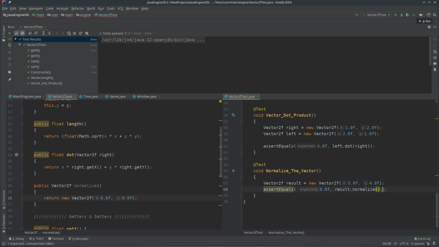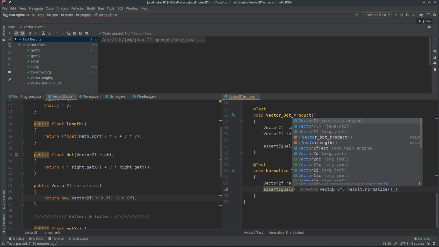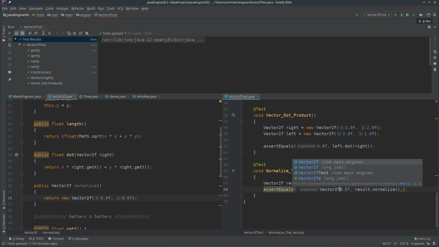Yeah, this will work. It's going to be fun though, because now I've got to make a Vector2f. I don't know if this will work. I'm going to have to work out these values now.